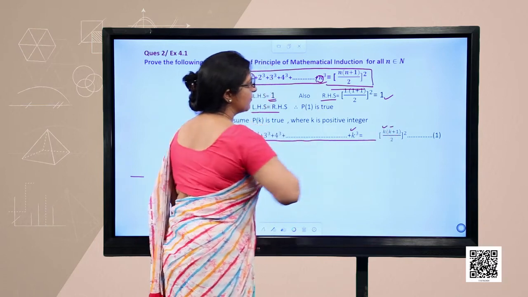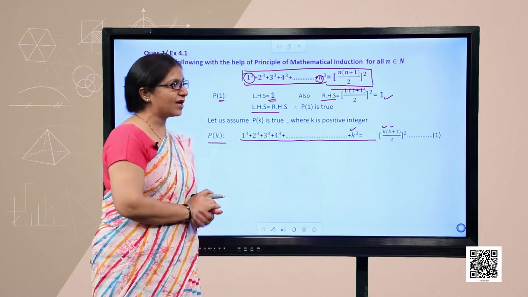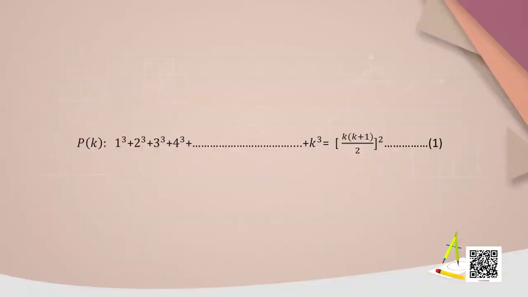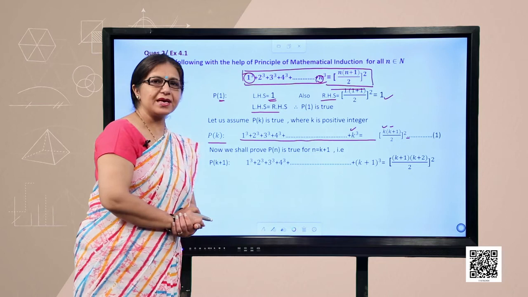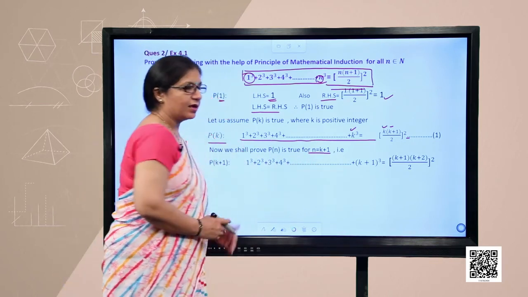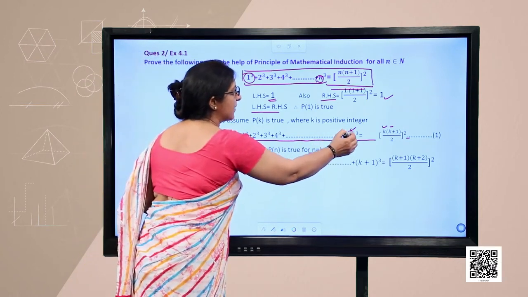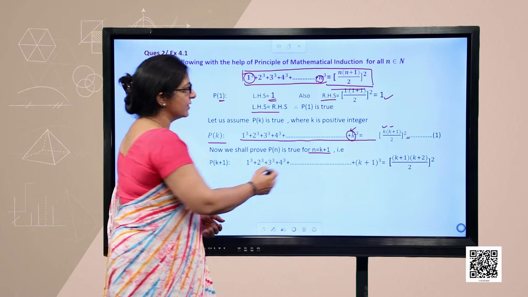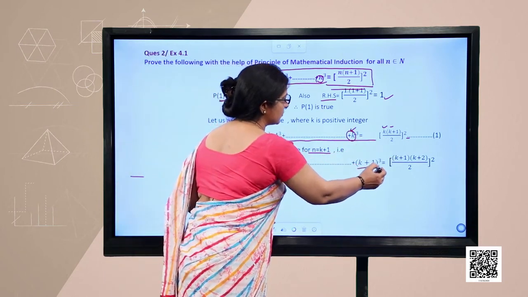As you can see, we have replaced n by k and we name this equation as first equation because we will be using this equation for further proving the statement. Now, we shall prove that Pn is true for n is equal to k plus 1. Now, what we need to do is replace k by k plus 1. Wherever there is k, we will replace it by k plus 1.